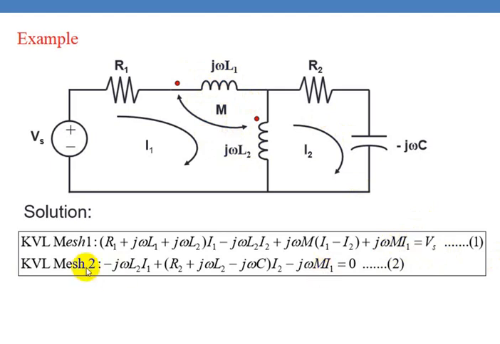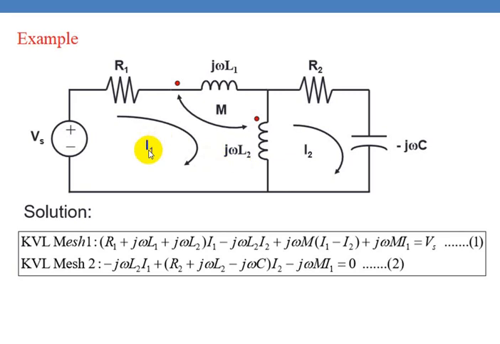Coming to the second equation, for mesh 2. While writing the equation for mesh 2, for the component I1, you find the element common between the first mesh and the second mesh, that is j omega L2.